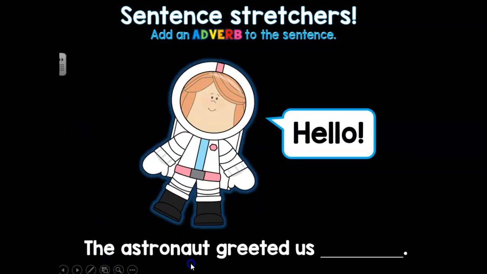The astronaut greeted us blank. How did the astronaut greet us? Right, you could choose any adverb you can think of. I'm going to say kindly or excitedly. Right, you think of your adverb.